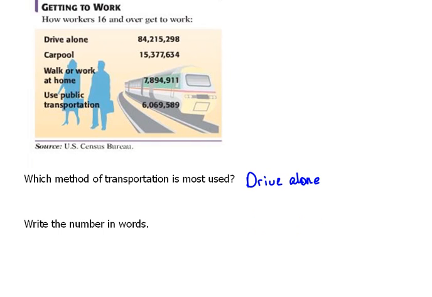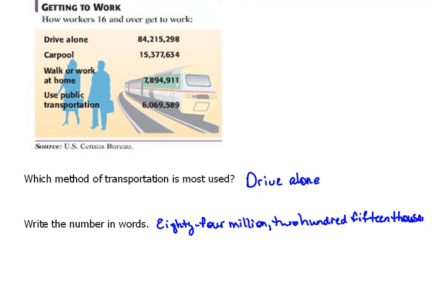Then it says to write that number in words. Okay, well, we practiced this in the last video, so let's do this again. We would remember, your commas separate your periods. So this would be 84 million, 215, but now that is in the thousands period, so we'd have to put thousand at the end, comma, 298.